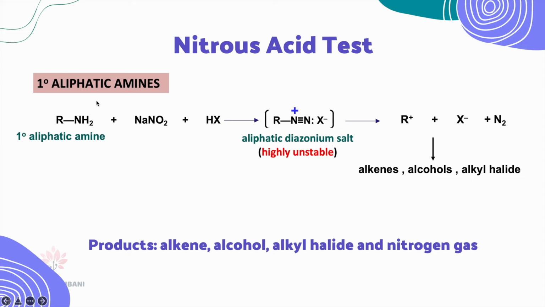So, if aliphatic amines undergo the nitrous acid test, the products are alkenes, alcohol, alkyl halides, and nitrogen gas. Four products, with nitrogen gas as the side product. These four products will be formed when aliphatic amine undergoes the nitrous acid test.